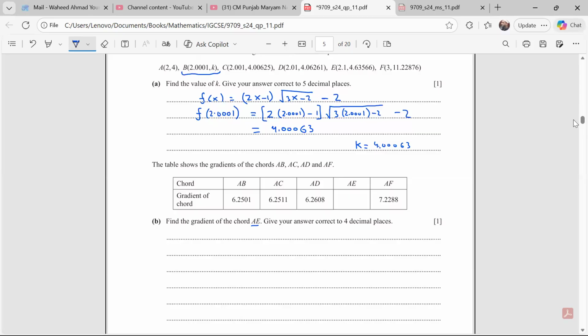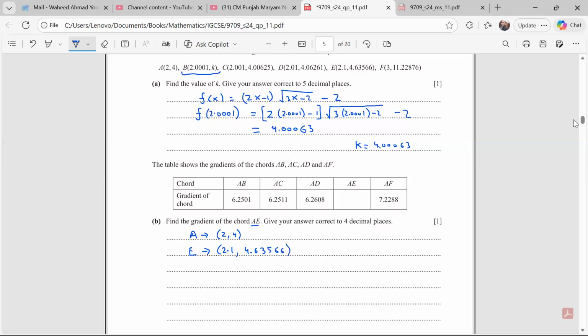Again, let me remind you that point A was 2 and 4, and point E was 2.1 and 4.63566.